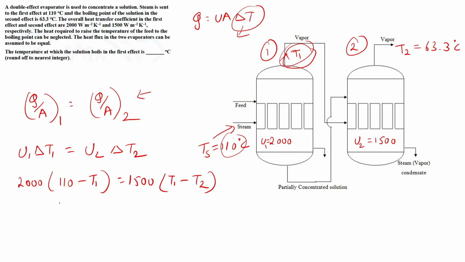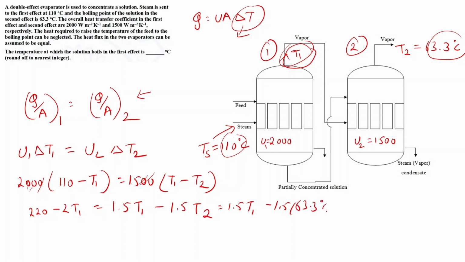So this becomes 220 minus 2 T1 is equal to 1.5 T1 minus 1.5 T2. We have been given T2 as 63.3, so it becomes 1.5 T1 minus 1.5 times 63.3 degrees Celsius.